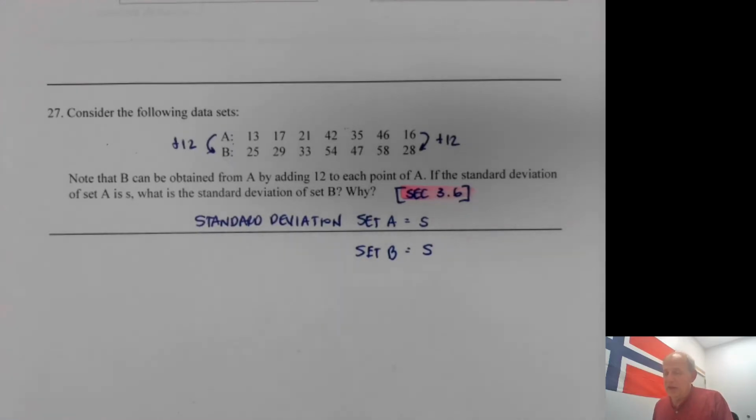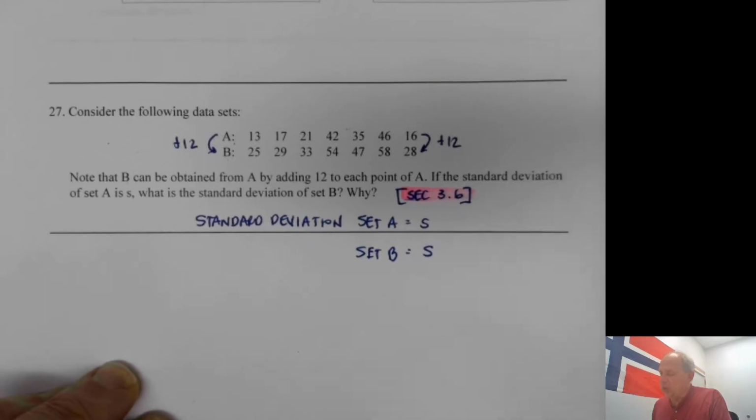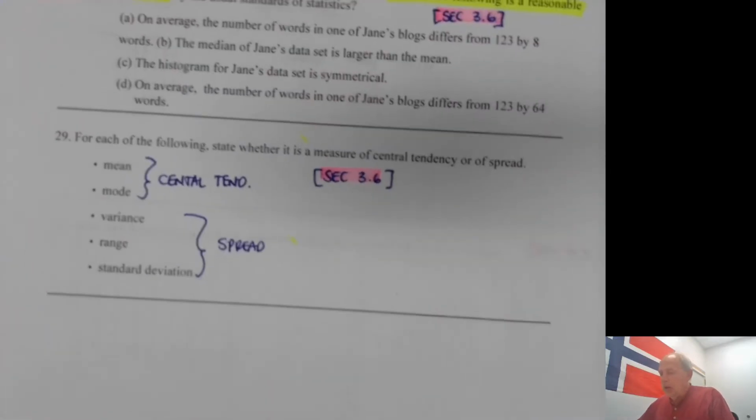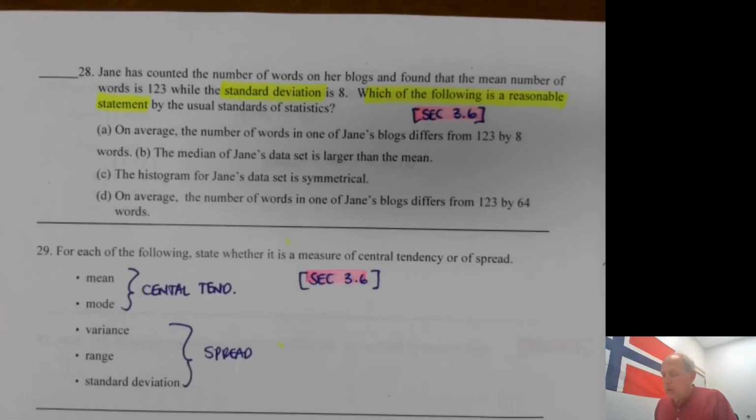With the same value being added to each data point, standard deviation would not change. So there's what you have for 27. Number 28.